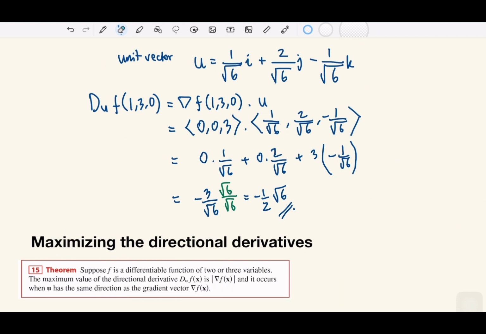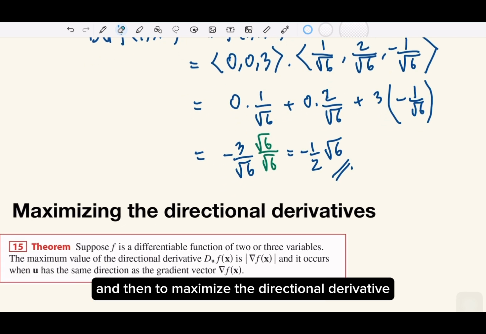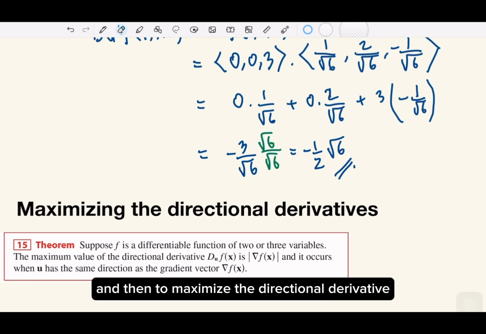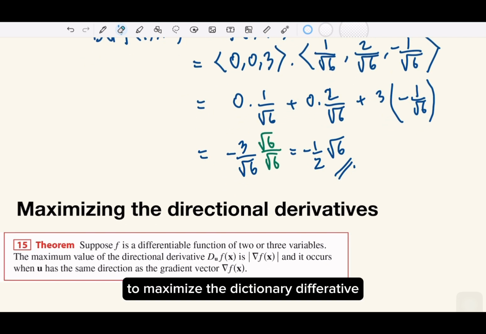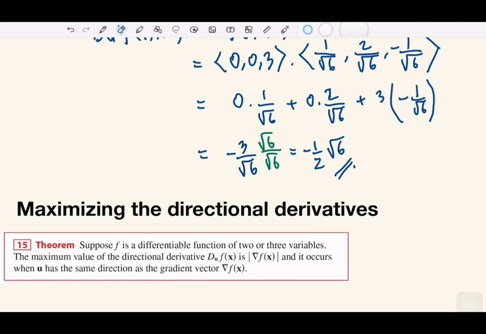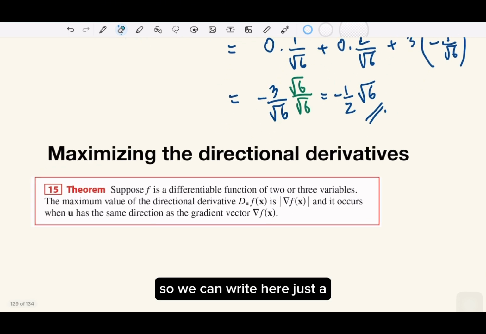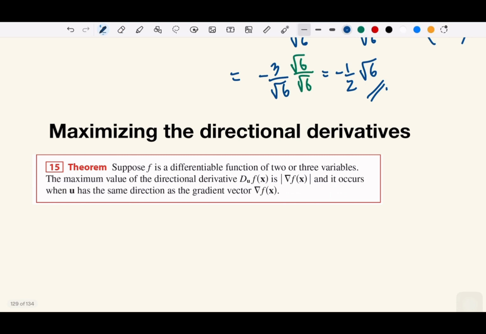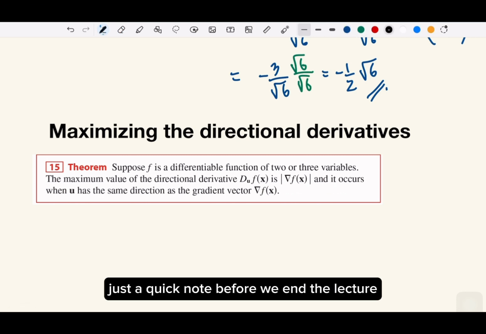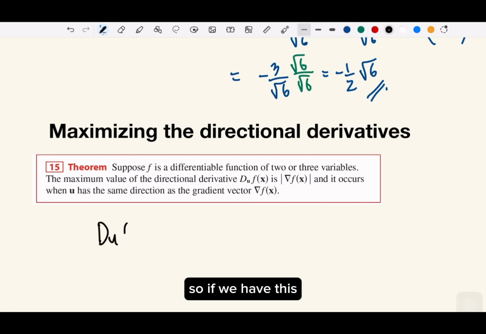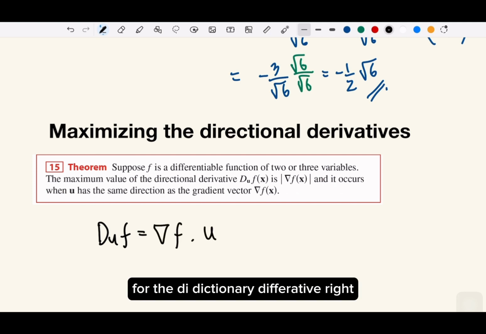And then to maximize the directional derivative, we can write a quick note before we end the lecture. This is our expression for the directional derivative, right?